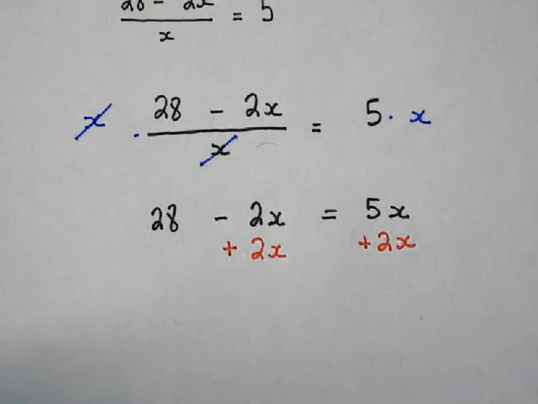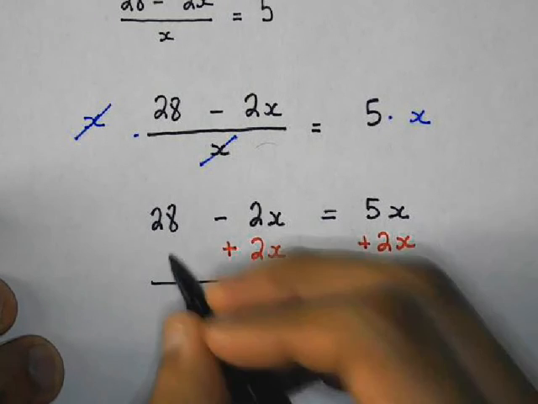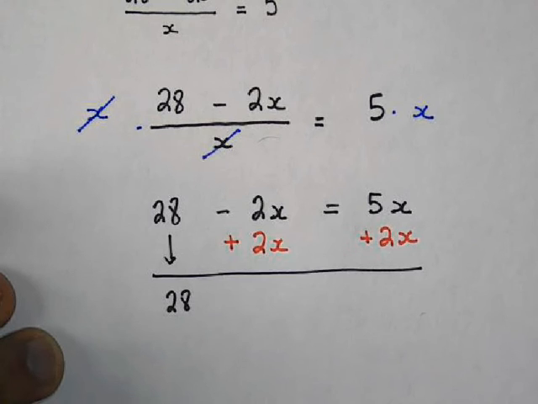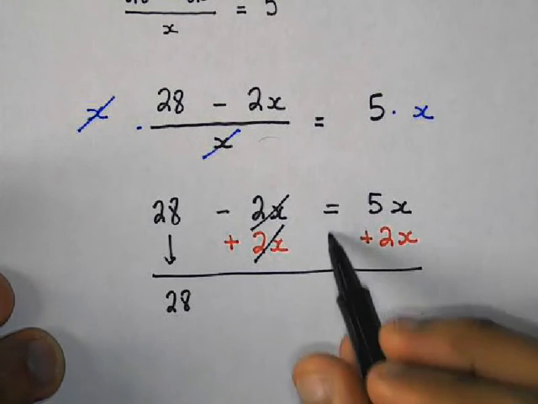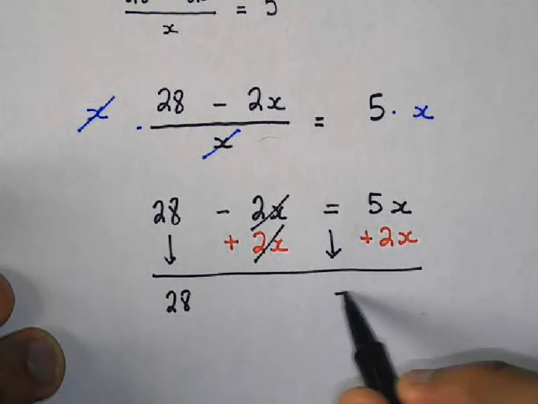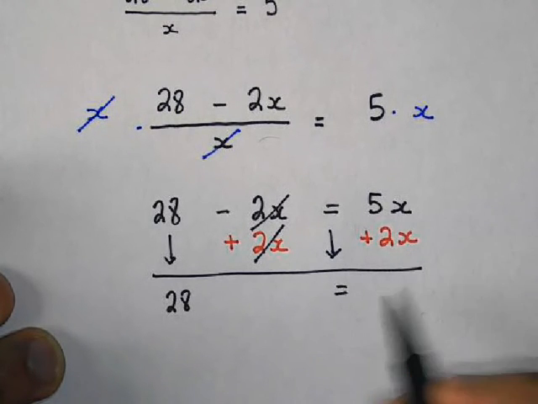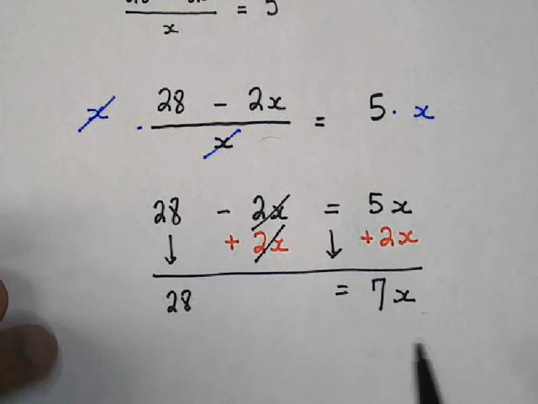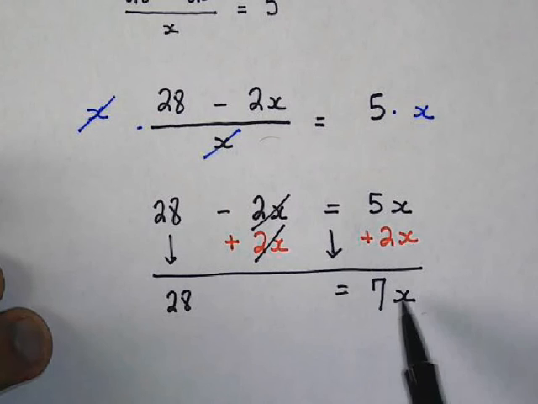So once I add 2x to both sides here, we drop down the 28. This negative 2x and positive 2x are going to cancel out. I'm going to drop down my equal sign. And 5x's plus 2 more x's, that just gives us 7x. Now, I have 7 times x is 28.